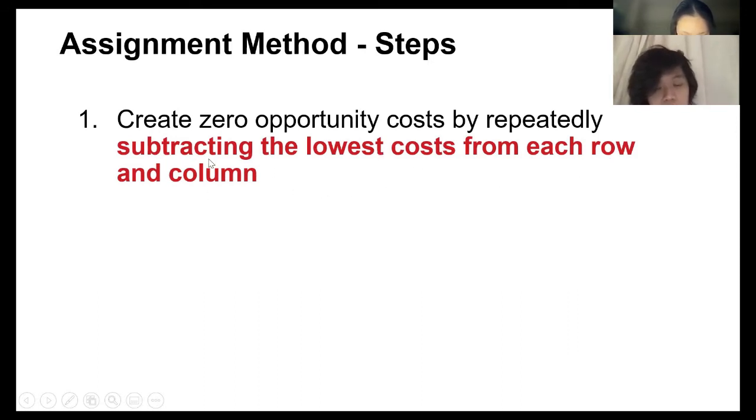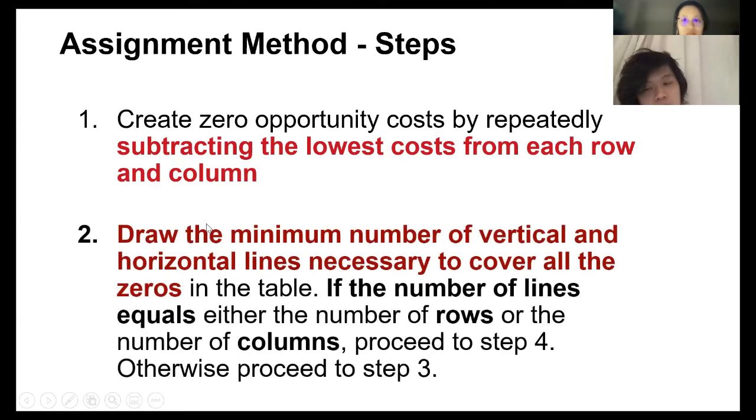I repeat, we need to subtract the lowest cost from each row and column to find the zero opportunity cost, because at the end of the day, we know which is the cheapest by subtracting that. Basically repeat this.